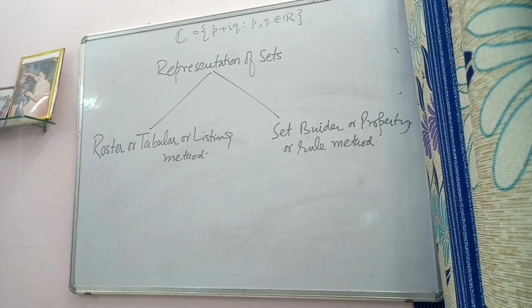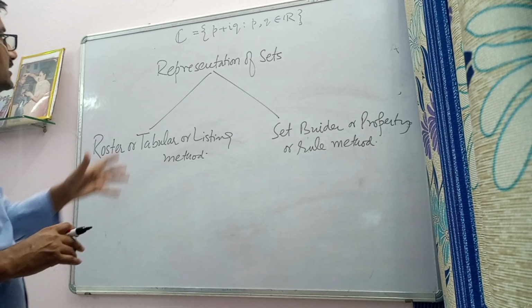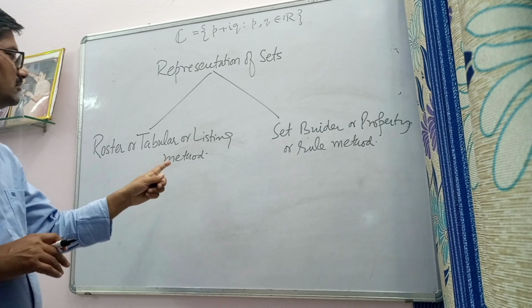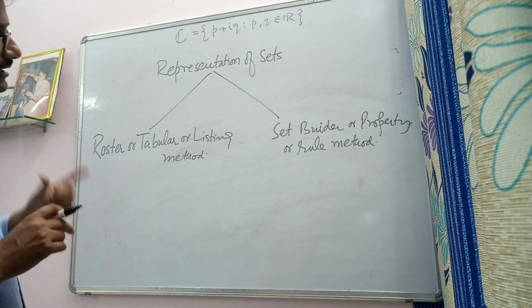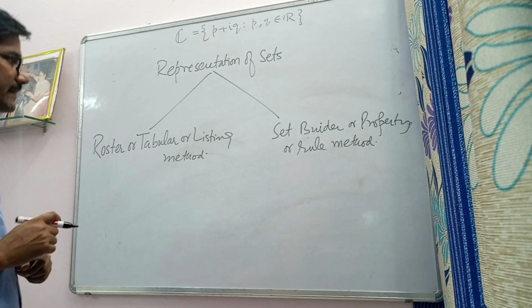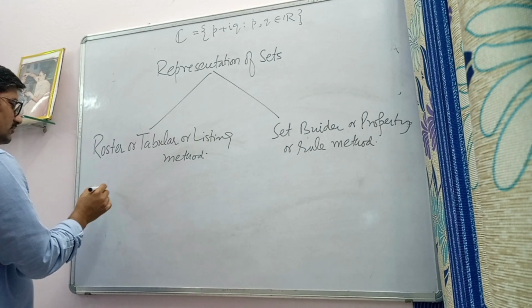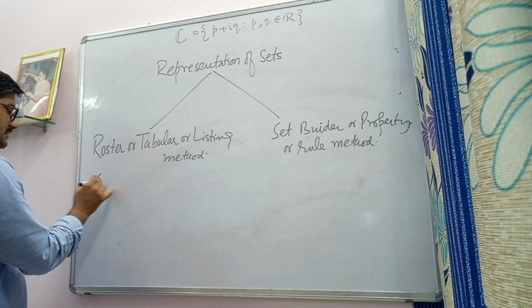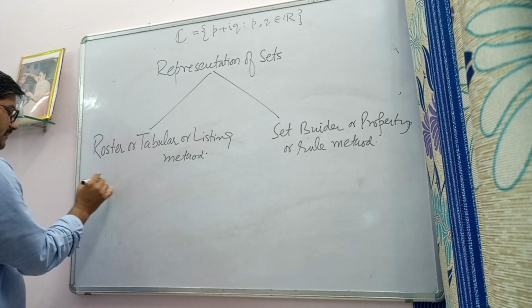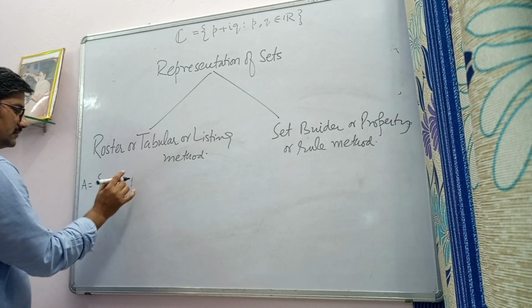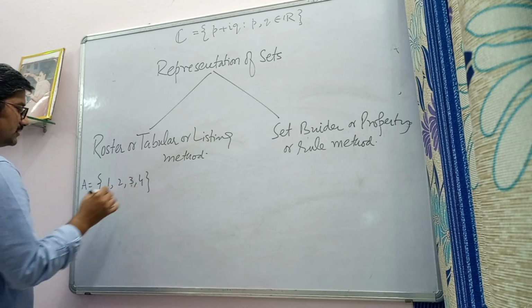So we can represent the set in two ways: by using the roster, tabular or listing method, and another way is the set builder or property or rule method. So by using the tabular method, suppose I am writing a set A = {1, 2, 3, 4}.